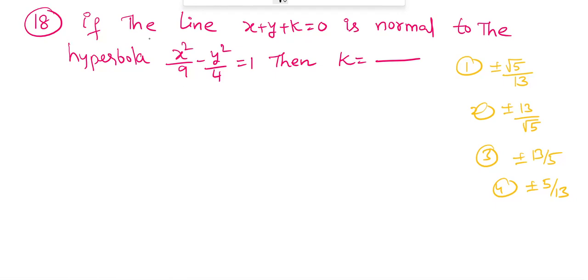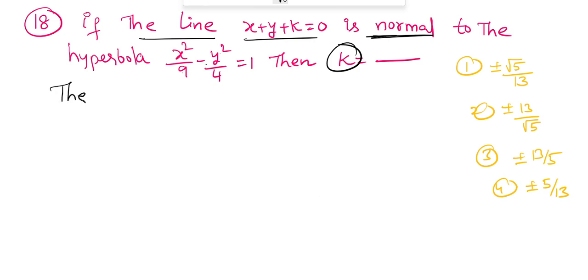This is the 18th question. If the line x plus y plus k is equal to 0 is a normal to the hyperbola x square by 9 minus y square by 4 is equal to 1, then the value of k is dash. This is a direct shortcut formula.